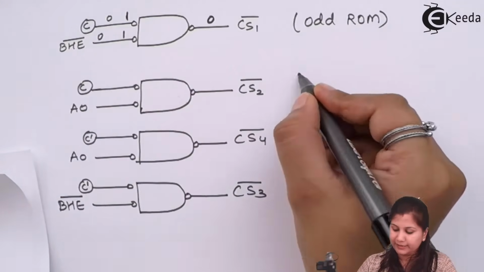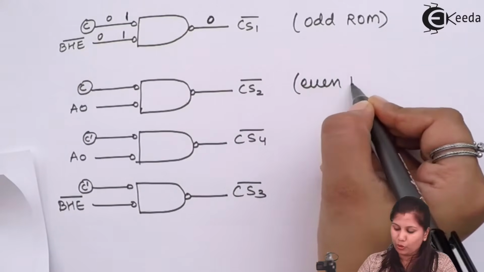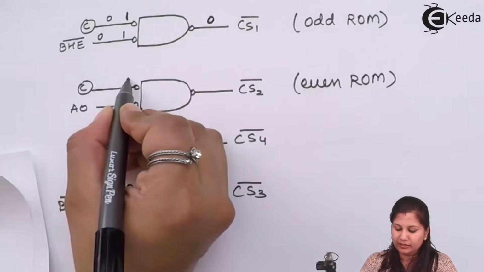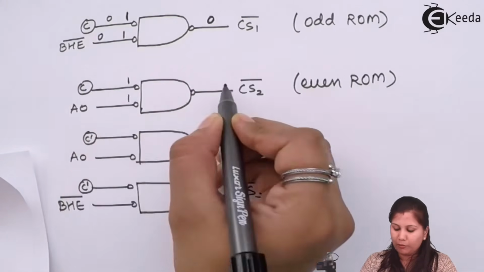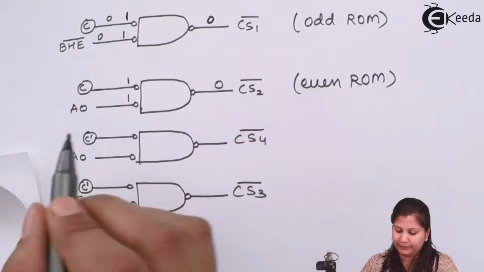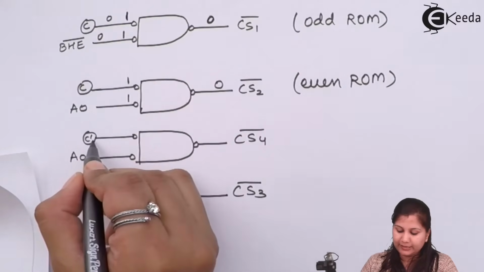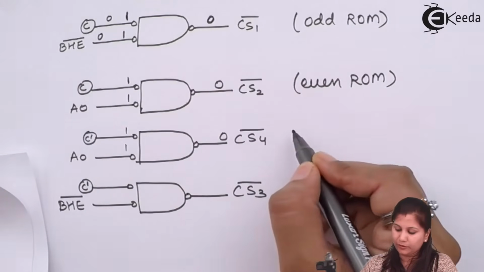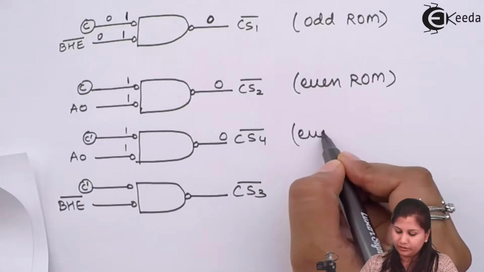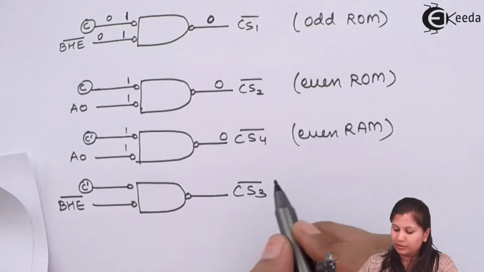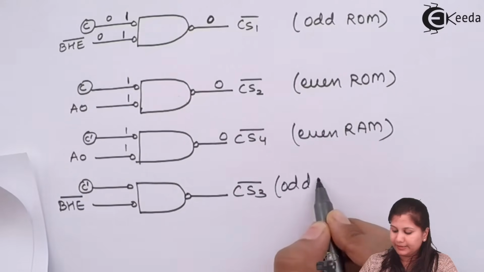When A0 is active, the even ROM is selected. Again this will be 1 and this will be 1, the output will be 0, and this even ROM chip will be selected. Again here this is 0, this will be inverted, 1 and 1, the output will be 0, and here the even RAM will be selected. Here the odd RAM will be selected.